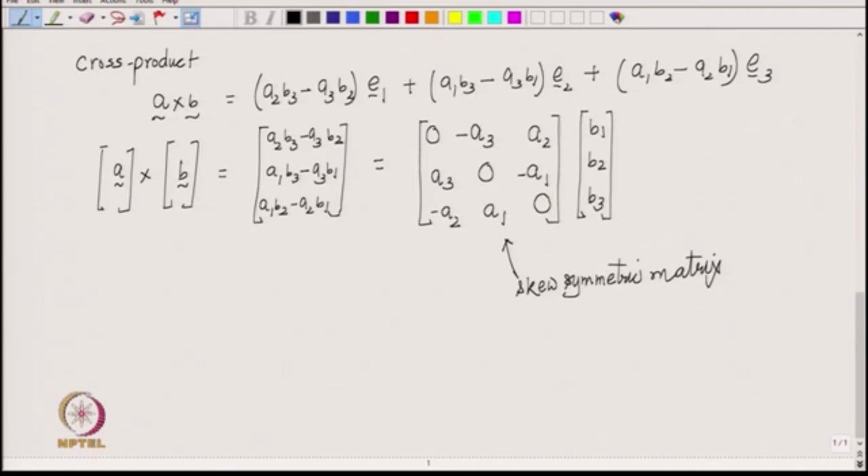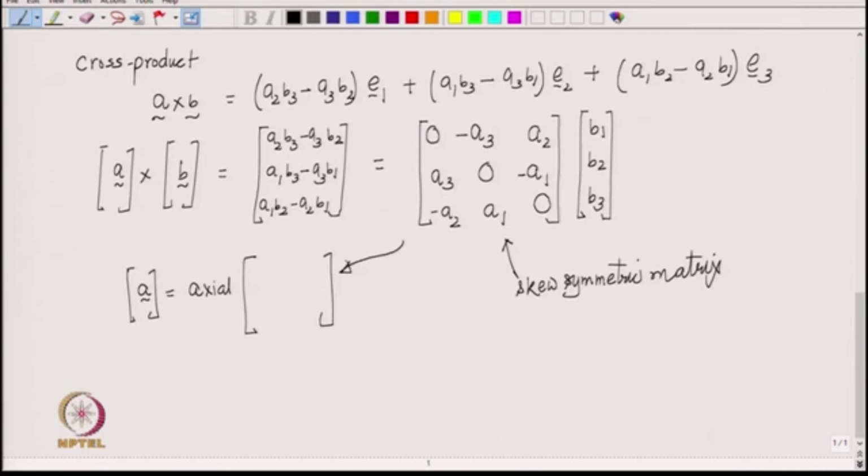All right. So, there is a nice way to form this matrix, and when you work out this matrix times the column, you will indeed see what you have on the left hand side, the cross product. And this matrix, so people say that the column of A is the axial vector of this skew symmetric matrix.